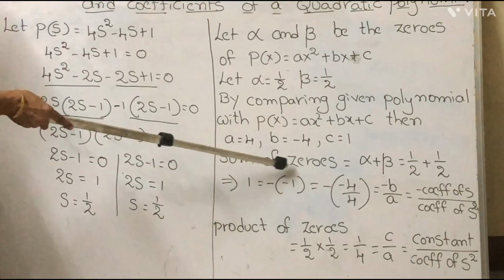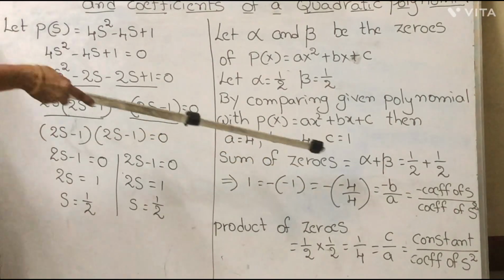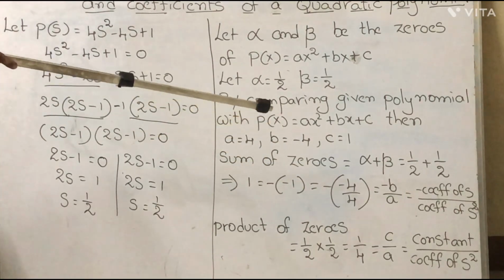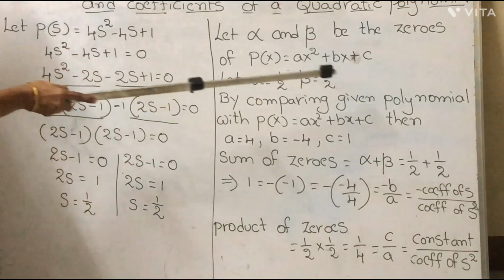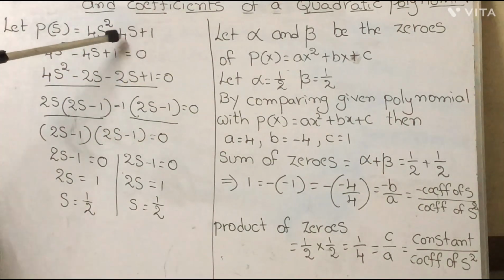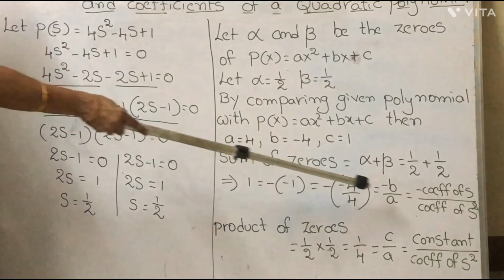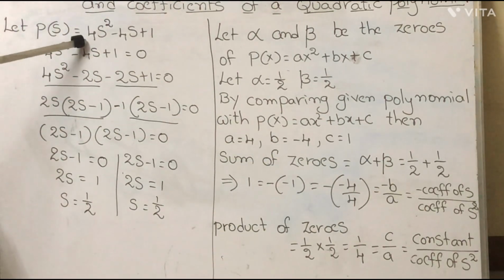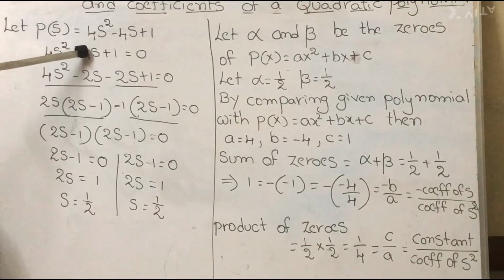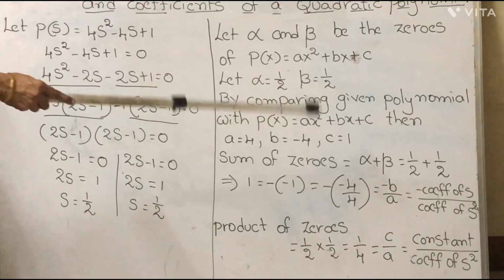Now I am writing this minus 1 as minus 4 by plus 4, because the alpha plus beta formula is minus b by a. b means coefficient of s. See here, the b value is minus 4, it is the coefficient of s. a means coefficient of s square. Here 4 is a, the coefficient of s square. So in this way the zeros are related.